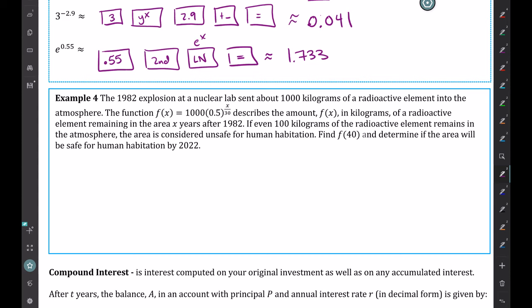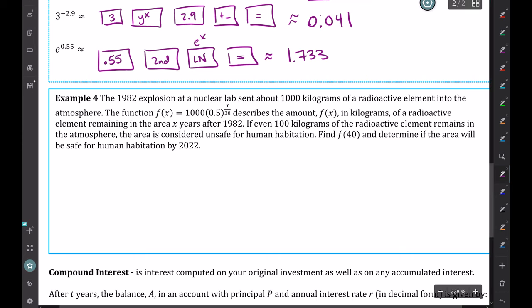If even 100 kilograms of the radioactive element remain in the atmosphere, the area is considered unsafe for human habitation. So it asks us to find f of 40 and determine if the area will be safe for human habitation by 2022. Okay, so maybe read that again aloud to yourself and try to figure out what the question is asking.